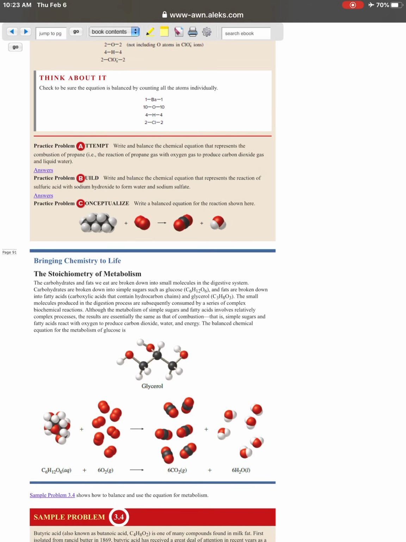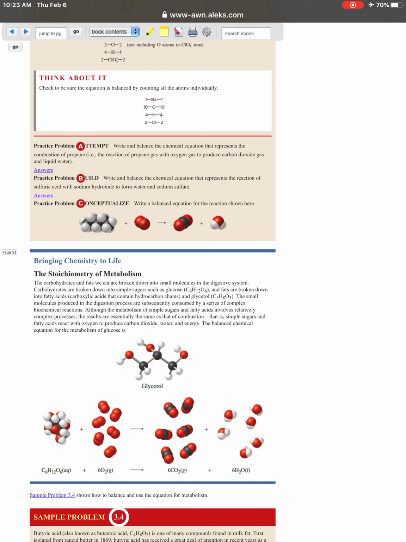Practice problem C, just to point that one out, again, our color coding, black is carbon, white is hydrogen. This one's getting kind of tricky. How do you count those hydrogens in there on that first substance? It looks to me as though it's got 5 carbons. 1, 2, 3, 4, 5. They're going up, down, up, down. So there's 5.